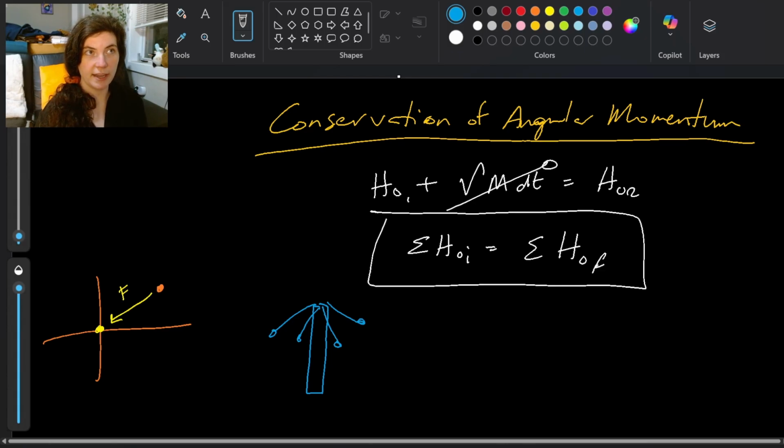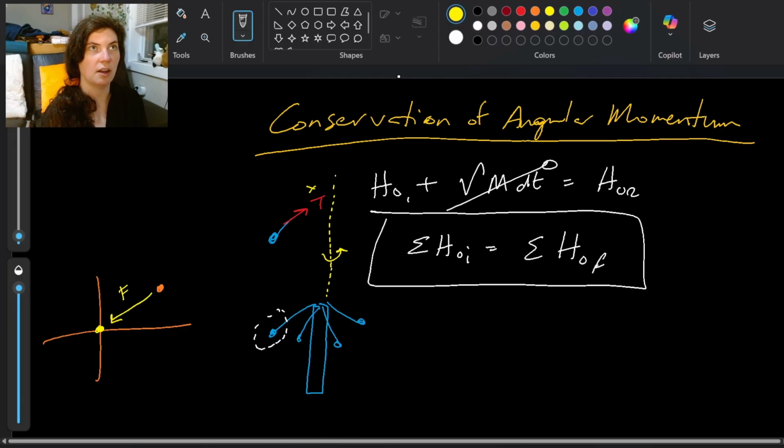Because if we look at the riders here, we do a little zoom-in free body diagram of this rider. For his free body diagram, he's got a tension that goes up to the pole. We know that doesn't create a moment because it intersects with this axis of interest, the axis that we're rotating about.